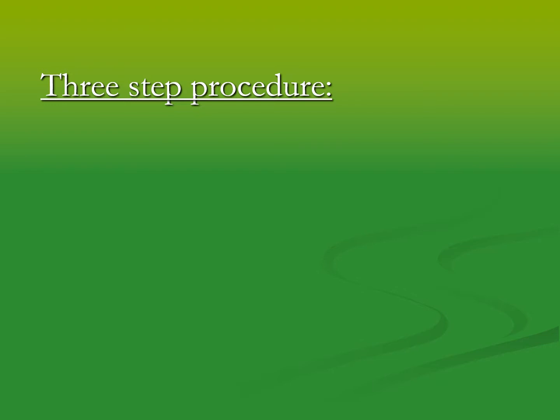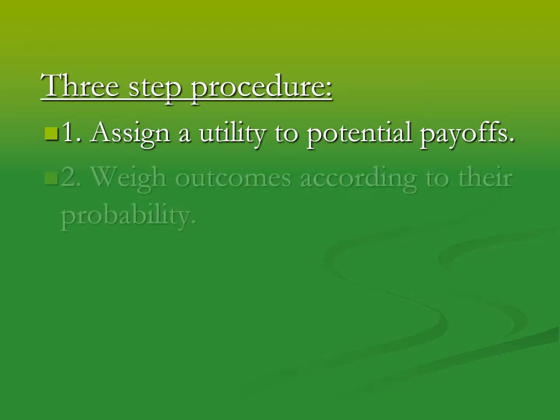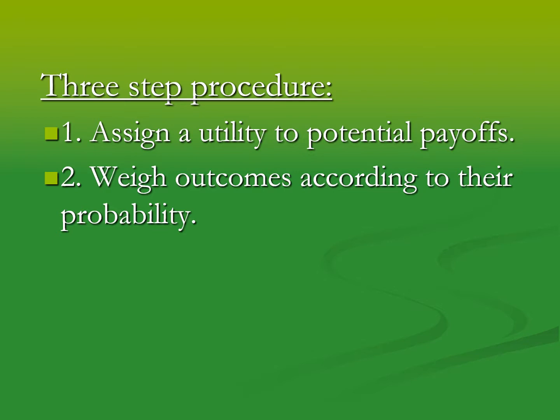All right, so for our von Neumann-Morgenstern expected utility, we have a 3-step procedure. First, we assign a utility to the potential payoffs. Look at each payoff and analyze the utility that would come if we got that payoff. Next, we take that utility and weigh it according to the probability that that payoff will happen.